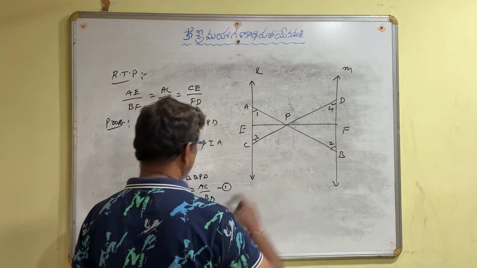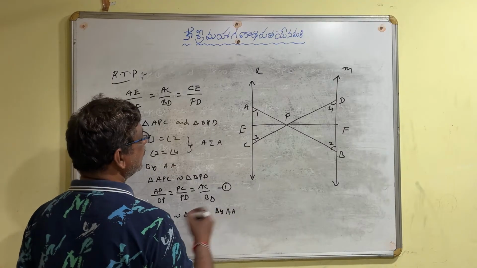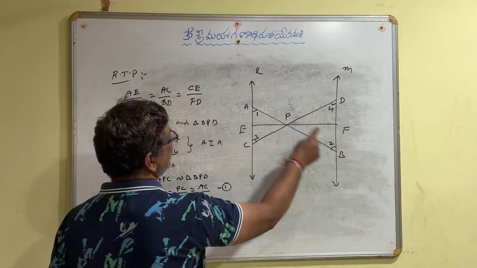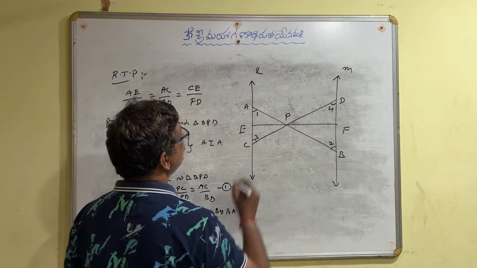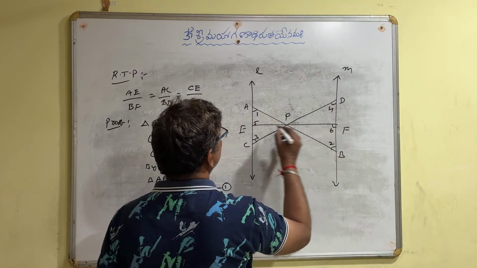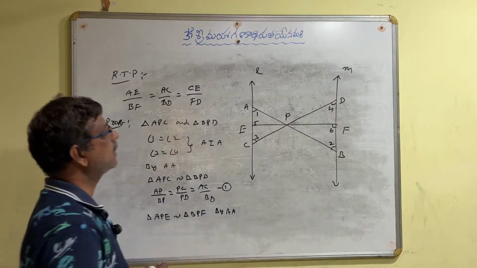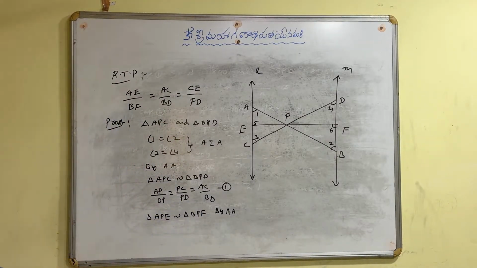Angle 1 is equal to angle 2. This is also by AA similarity, angle 1 and angle 2 are equal. Angle 5 and angle 6 are equal. Alternate interior angles. Angle 5 and angle 6 also equal.